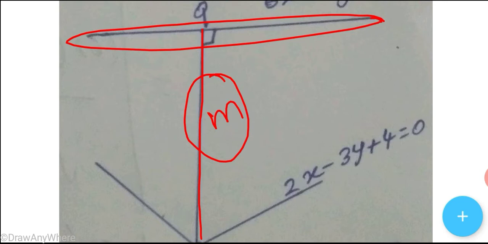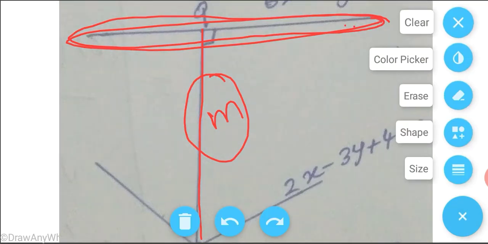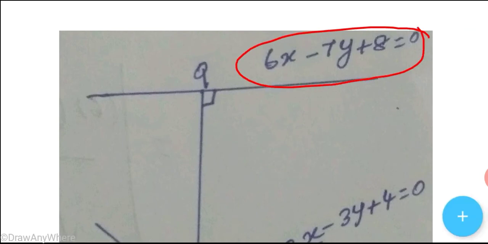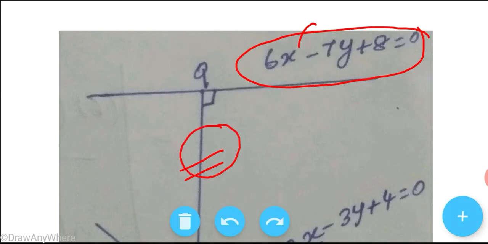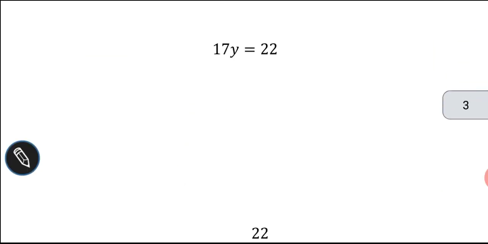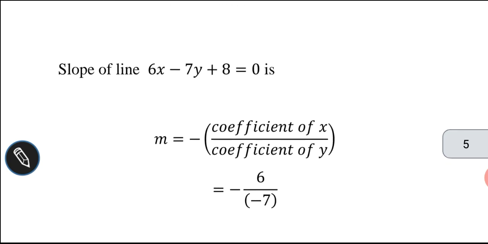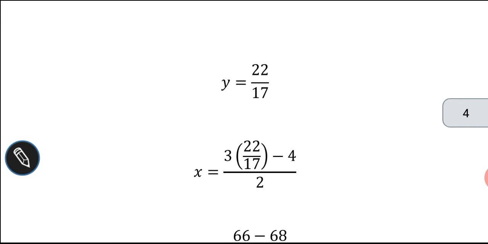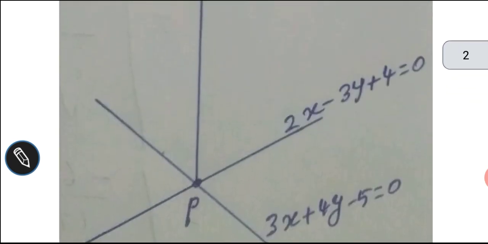To find it, we need the slope of the base line, which we have already calculated. If we know the slope of this line, we can easily find the slope of the perpendicular. The slope of the line 6x minus 7y plus 8 is equal to 0 is 6 by 7. Now we have to find the slope of the perpendicular, which means this PQ line.